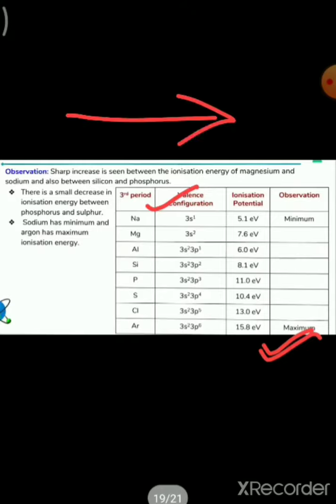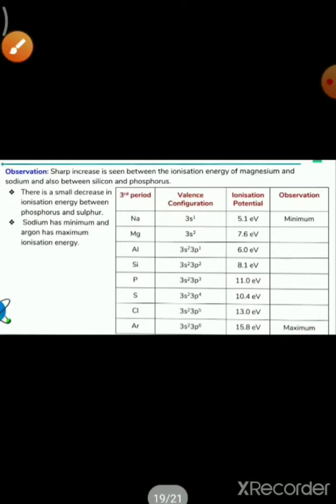Because you know, across a period the atomic radius decreases, and if atomic radius decreases, the nuclear charge effect increases, and if nuclear charge increases, the force of attraction between them will be more, and if more attraction is there, then more energy is required to remove the electron from the outermost orbit. Okay, I think you have understood. We have finished the across a period.